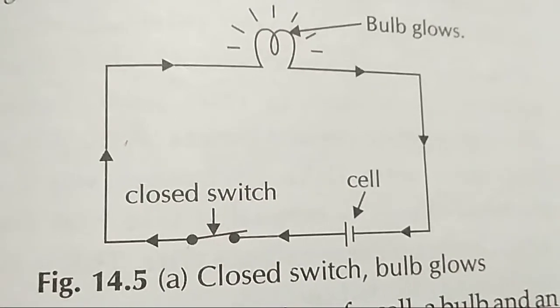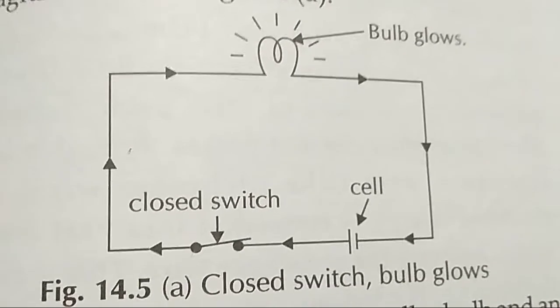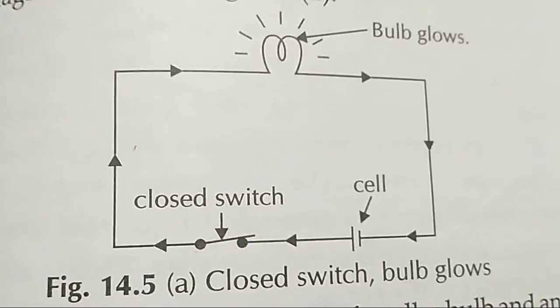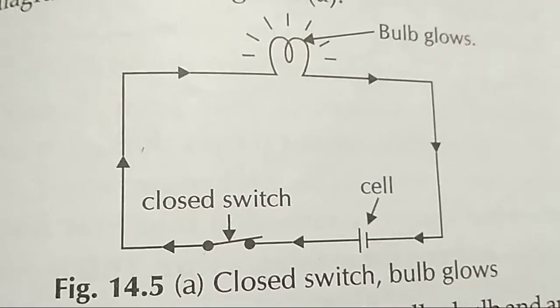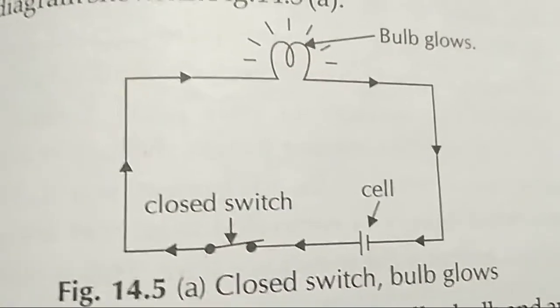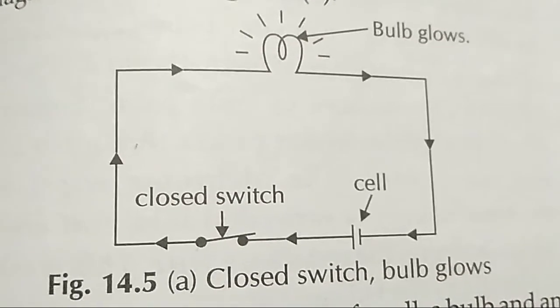We have learned in the previous video that there is a circuit made up of a bulb, switch, and cell. So we can say these are the components.